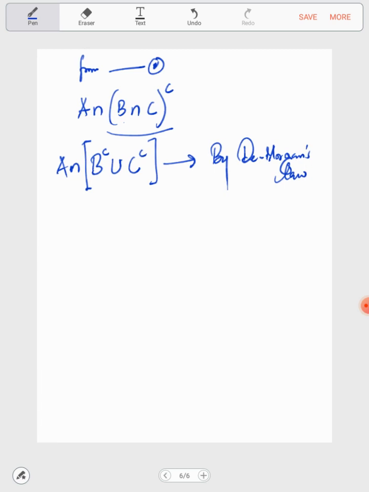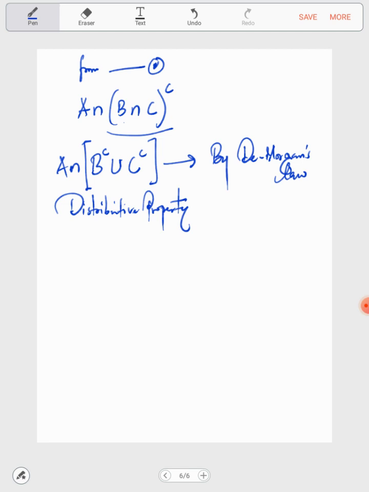Now with this, I'm going to talk about the distributive property. Let me write that correctly. Distributive property. Now what does that mean? Your intersection distributes over your union.